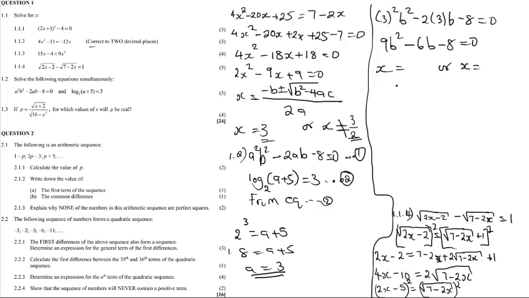So it's negative into negative 6 plus the root of negative 6 squared minus 4 into A is 9, C is negative 8, and then you close the bracket, it's 2 into 9. Then the answer there becomes 4 over 3.